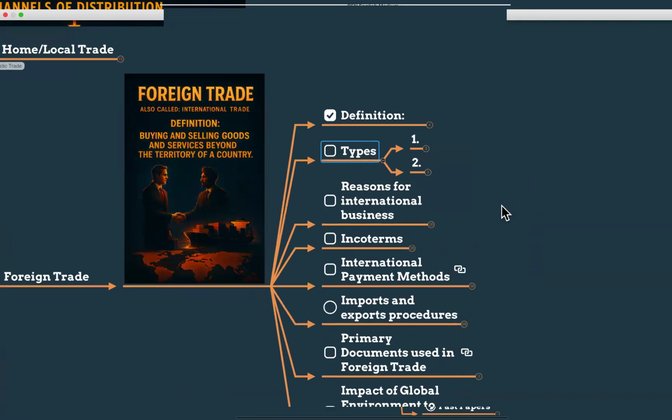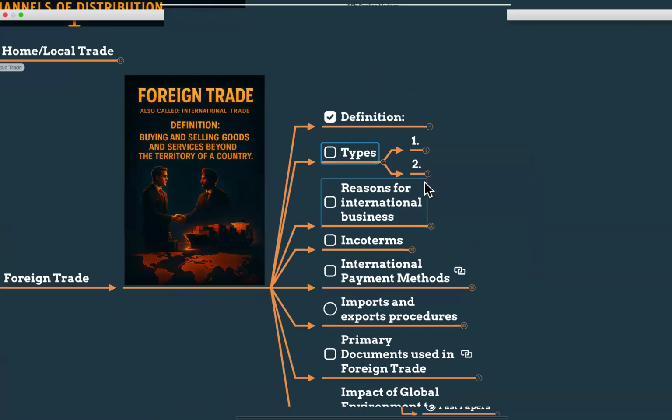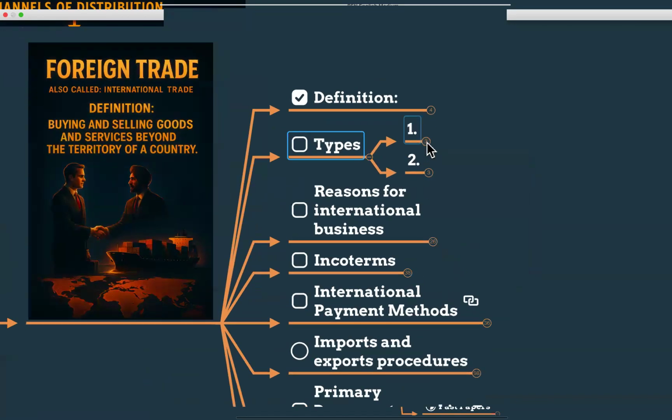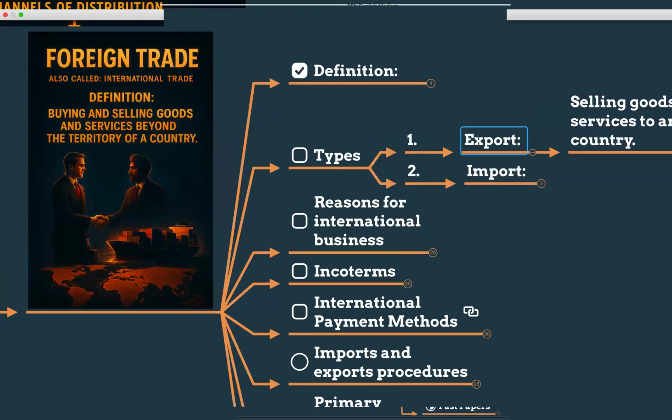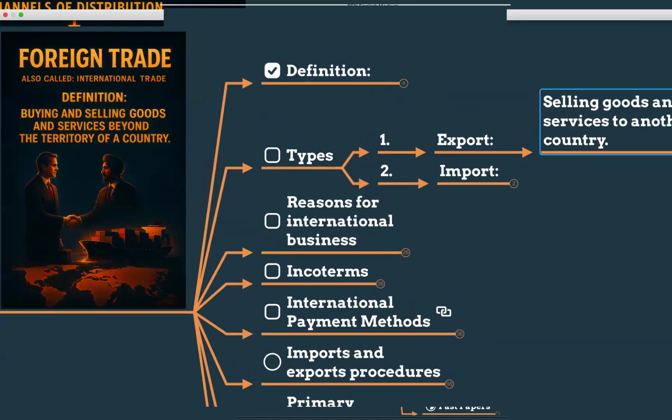And there are types. As you know, local trade has the wholesale and retail types, and in foreign trade, we have export as well as import. Export means you are selling goods and services to another country. If you are in Sri Lanka, you are selling your goods and services from Sri Lanka to another country, that we mention as an export.